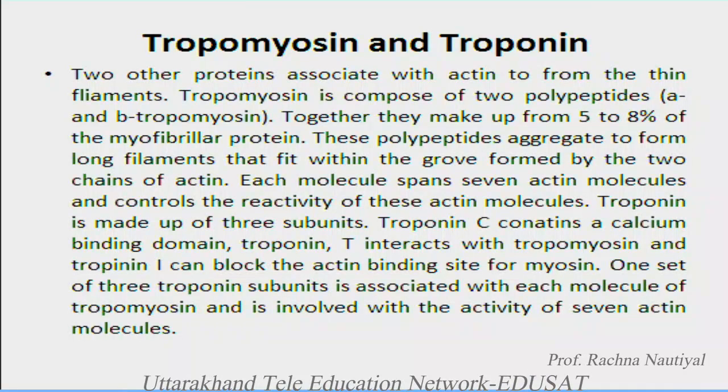Troponin T interacts with tropomyosin, and troponin I can block the actin binding site for myosin. Hence, these are the different subunits of troponin, and one set of 3 troponin subunits is associated with each molecule of tropomyosin and is involved with the activity of 7 actin molecules.